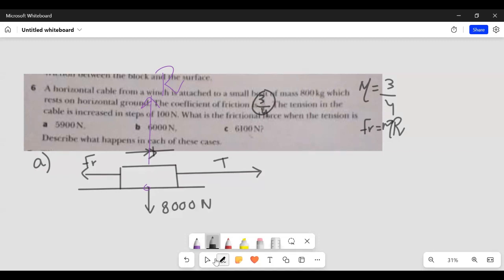In part A, it's asking when the tension is 5900 newtons, what's the friction? पहले तो हम देख लेते हैं maximum friction क्या होनी चाहिए. Maximum friction is equal to mu r. Mu is given in the question, 3/4. What should be r in this question?